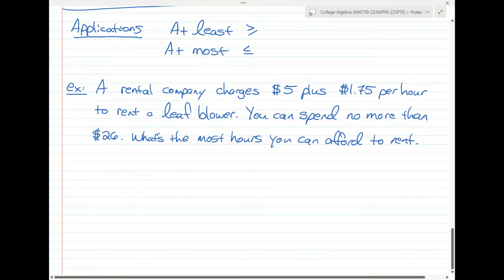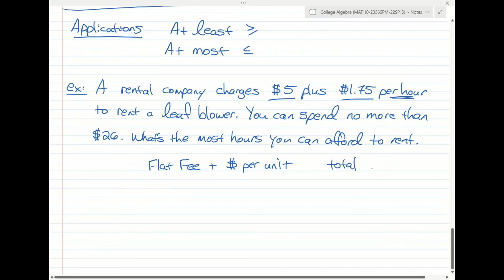We talked about applications in our last class together. We have a flat fee of $5 and then $1.75 per hour. The way that we structure these kind of problems is we have flat fee, flat fee plus the dollars per unit, and then we have total.